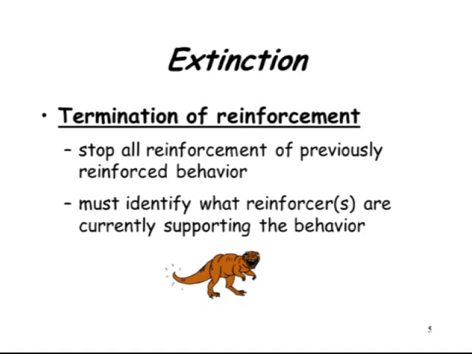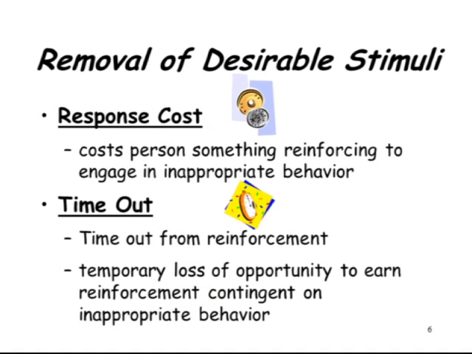It's not going to result in extinction. Or if the behavior is maintained by its own sensory consequences, as in the case of self-stimulatory behavior, ignoring it's not going to change it. You have to know what the reinforcer is, however, in order to use extinction. That's why a functional behavior assessment is really important.